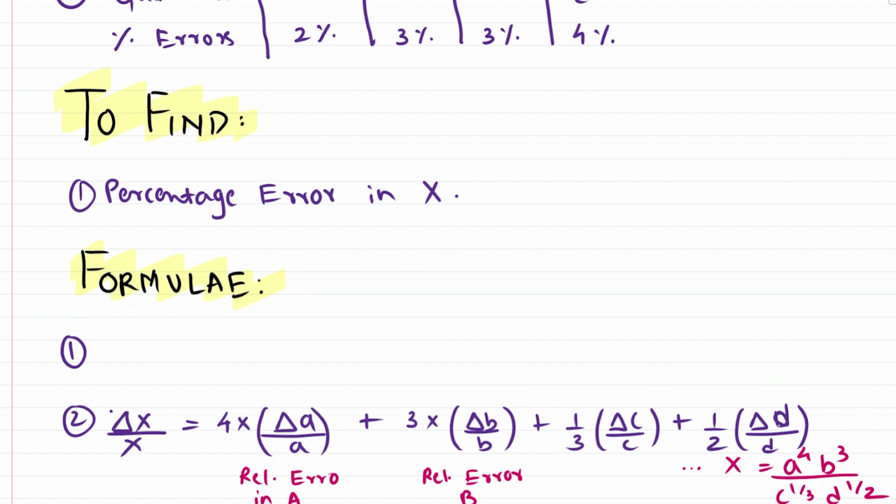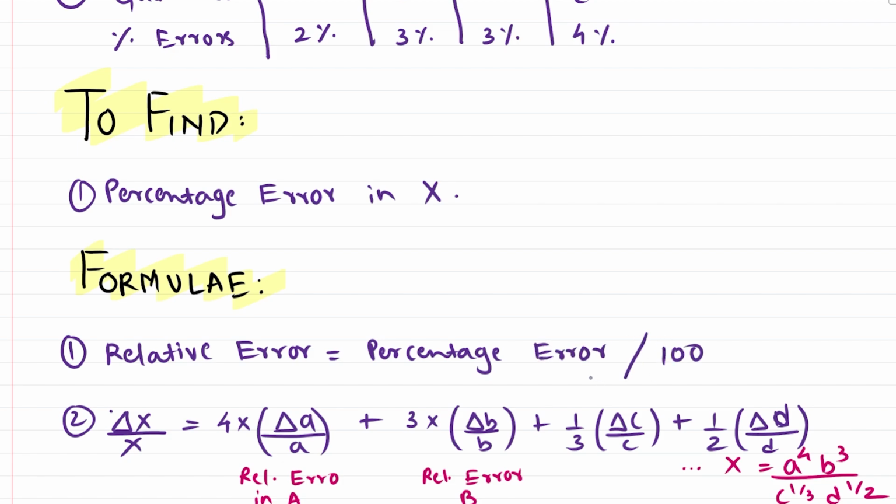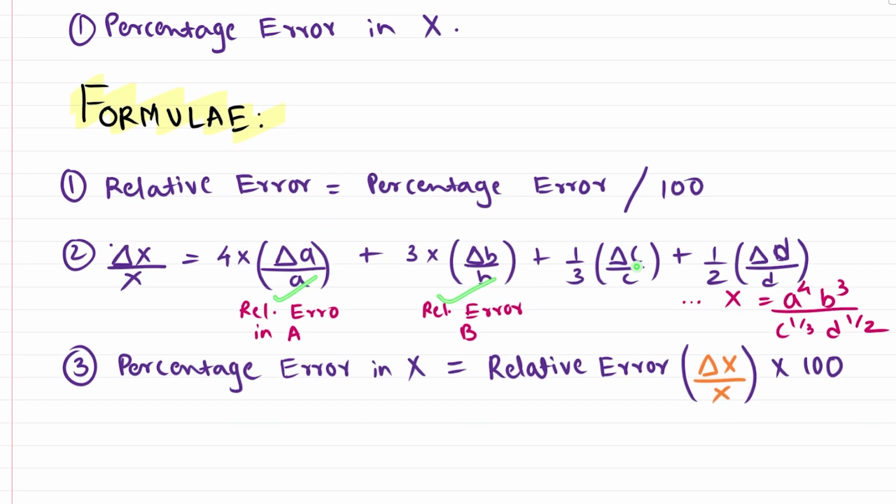And by definition, if we use the formula, the relative error of a quantity, calculated using percentage error, is equal to percentage error divided by 100. So if we divide the percentage errors of all these quantities by 100, we will get their relative errors. And if we substitute those relative errors in this equation, we'll get the relative error for our quantity X. And then we use that relative error to calculate the percentage error in X.